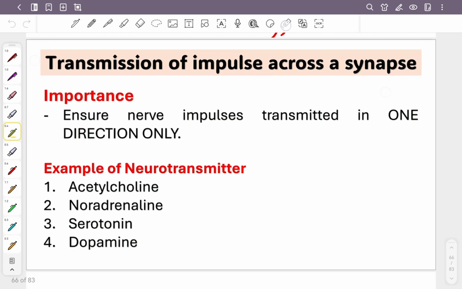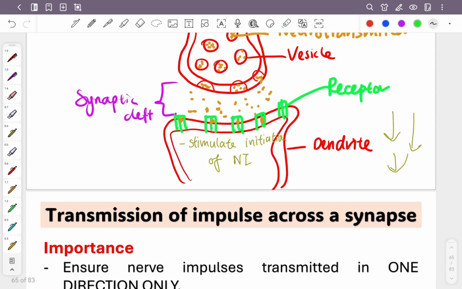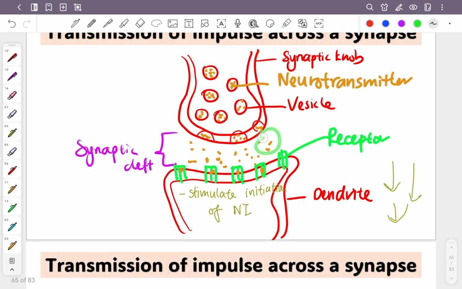So what is the importance of transmission of impulse across the synapse? It ensures the nerve impulse is transmitted in one direction only. Understand? Because this is the synapse, the receptor is only present at the postsynaptic membrane. So once it has become neurotransmitter, it cannot go back because here there is no receptor.